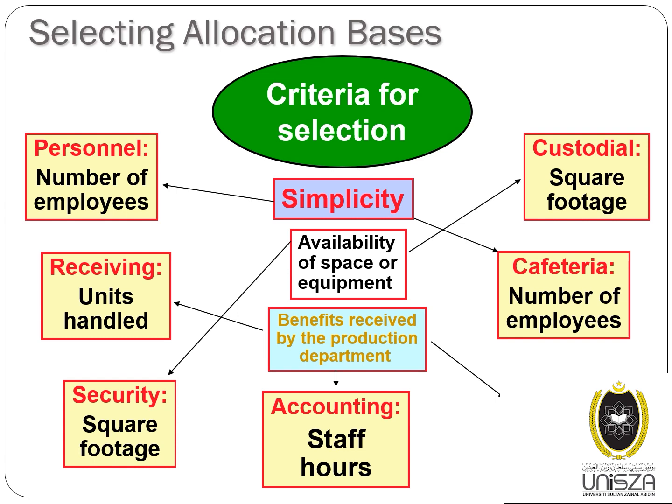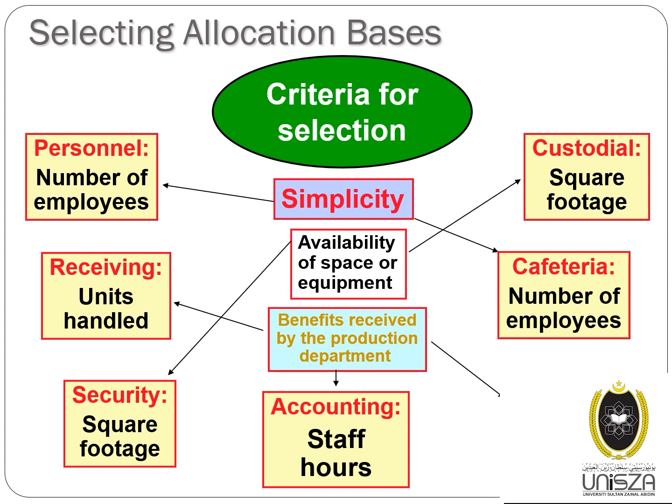And then we look at, still on selecting the allocation base, the criteria for the selection, in terms of simplicity, in terms of availability of space or equipment, and benefits received by the production department. Different service departments may have the same or similar cost driving characteristics.